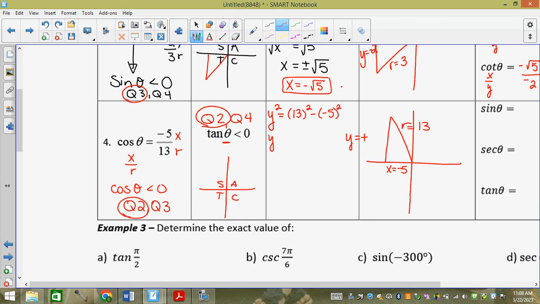Y squared equals 169 minus 25. Y squared equals 144. Y equals plus or minus root 144. And y equals positive 12 because I drew it and I know it's positive, right?